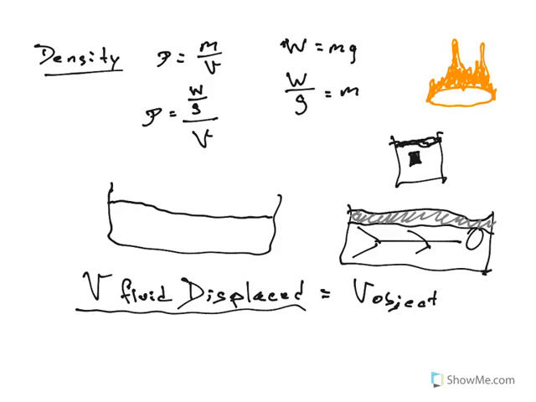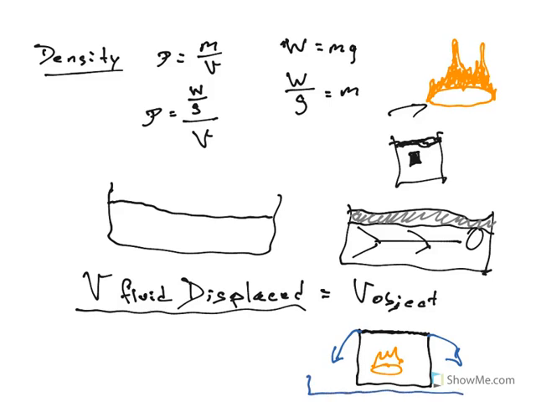So he said, what I can do if I want to know the volume of this crown is I could get a container, fill the container with water all the way to the top. Then I could get my crown, put the crown in the water. Then what's going to happen is you're going to have a certain amount of the water leak over the edges.